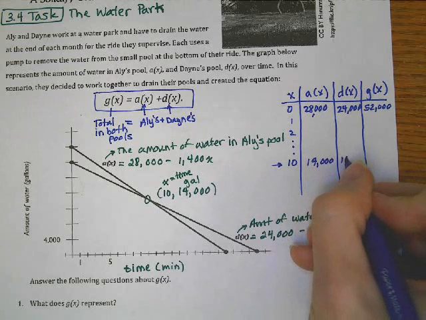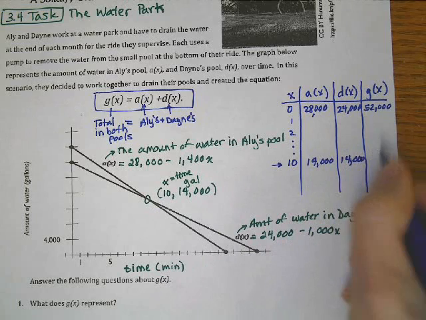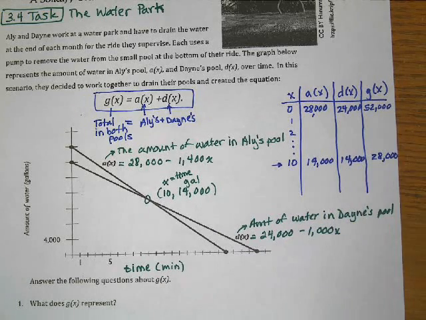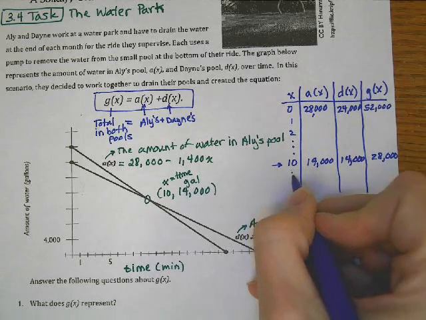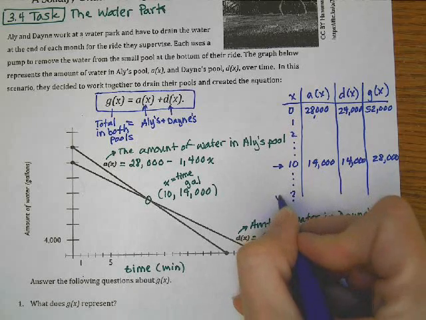So one of the things you want to think about on your graph is, first of all, make a scale that's appropriate to fit 52,000 gallons. But then the bigger idea that we're going to want to get to is, at what time is there no water left in both pools? Okay, and why does that time end up being what it is?